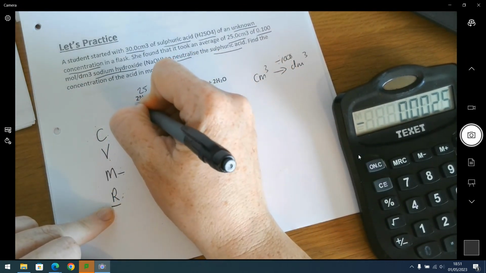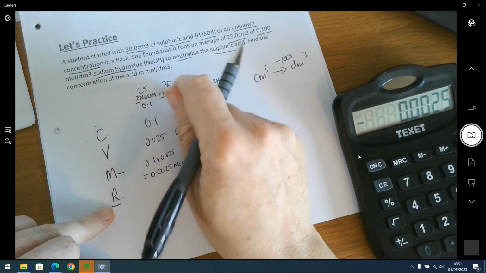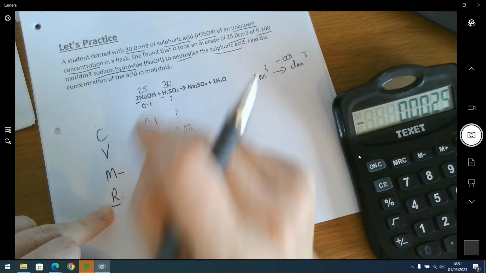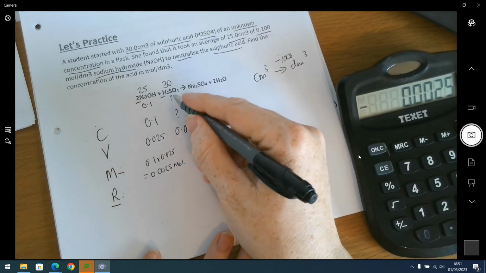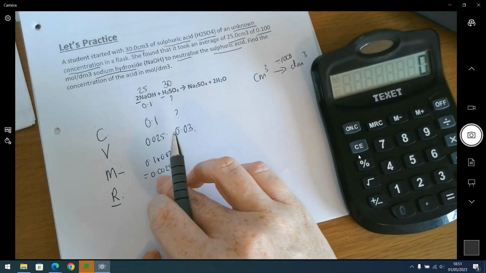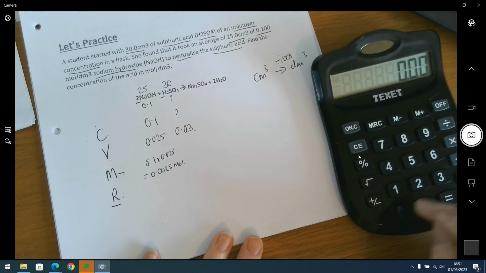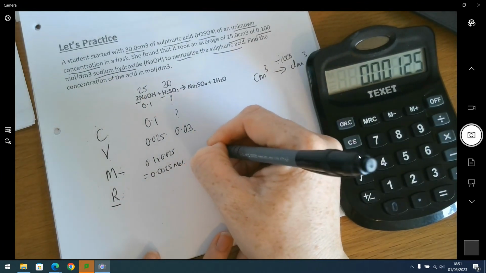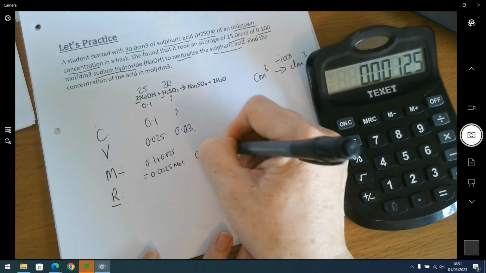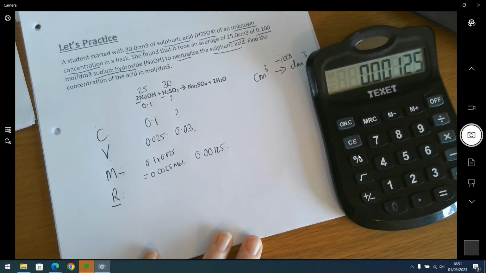So I can see there is a 2:1 ratio, so 2 sodium hydroxides for every 1 sulfuric acid. So if I want to work out the moles of sulfuric acid, I'm going to have to divide that number by 2. So that's going to give me a mole value of 0.0125 for my sulfuric acid.